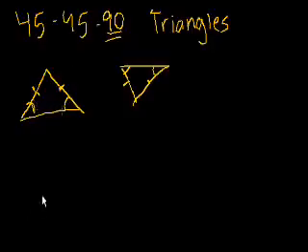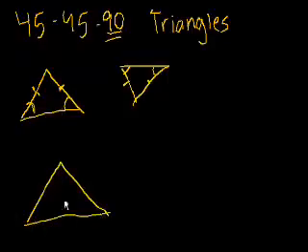And how do we know that it's the only right triangle that has this property? Well, you could imagine a world where I told you that this is a right triangle. This is 90 degrees, so this is the hypotenuse, the side opposite the 90-degree angle. And if I were to tell you that these two angles are equal to each other, what do those two angles have to be?